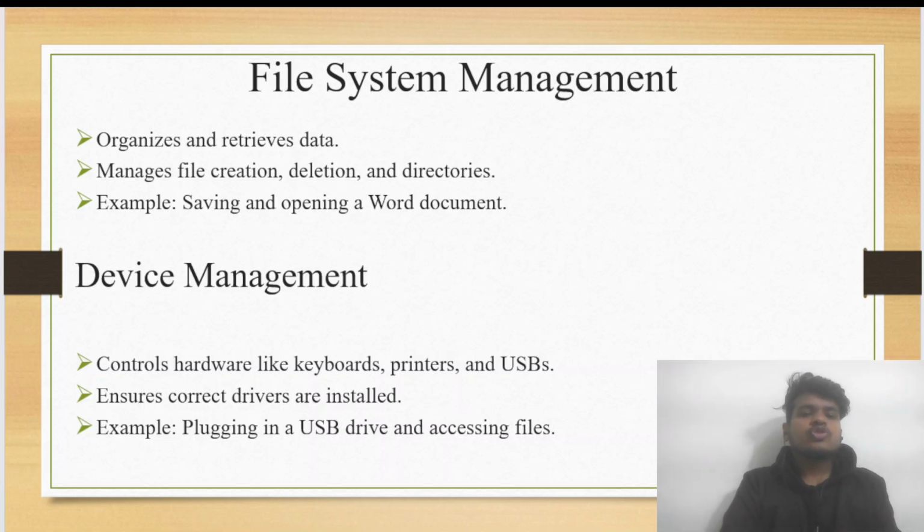It can also manage storage devices like hard drives and USBs efficiently so that every bit of resource is used. An example of this is when you are using a Word document and you save a file, the OS will ensure that it's stored safely for future use.